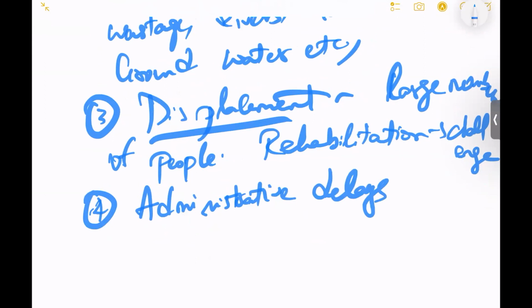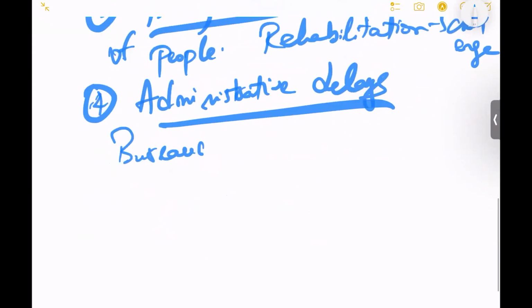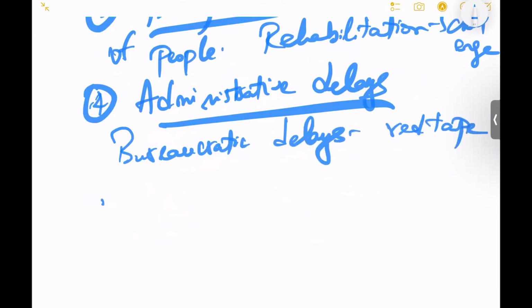Bureaucratic delays, red tape, no approvals on time.